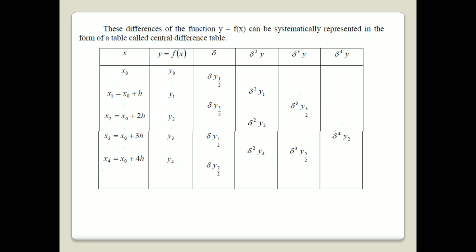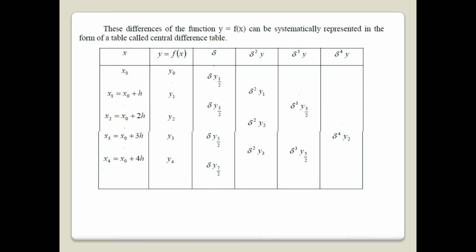In the second column, the values of the function corresponding to each argument. Then in the third column, small delta y means first order central difference. In the fourth column, delta square y means second order central difference. Next, the third order central difference is denoted by delta cube y, and delta raised to 4 of y means fourth order central difference.